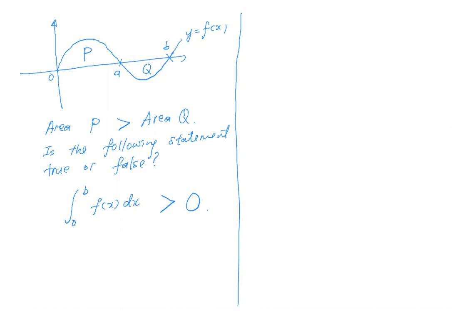Okay, so now I ask you this question. Let's have a look. I write my area P first. If I want to get my area P, what should I do? Definite integral, 0 to a, fx dx, correct?